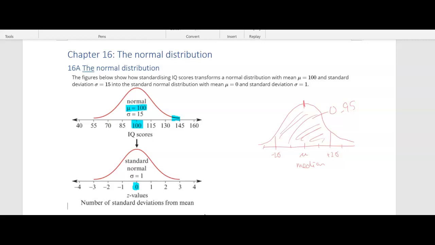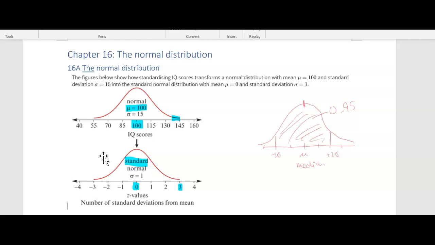Basically, the top curve is just looking at the raw data, with the mean of 100 and the standard deviation of 15. Your standard normal distribution converts everything so that your mean is 0 and your standard deviation is 1. Then you say how many standard deviations you are from the mean. So people with an IQ of, say, 145 are 3 standard deviations above the mean.